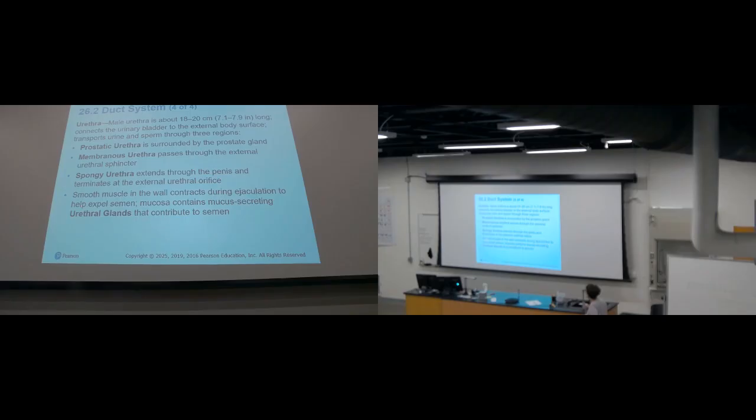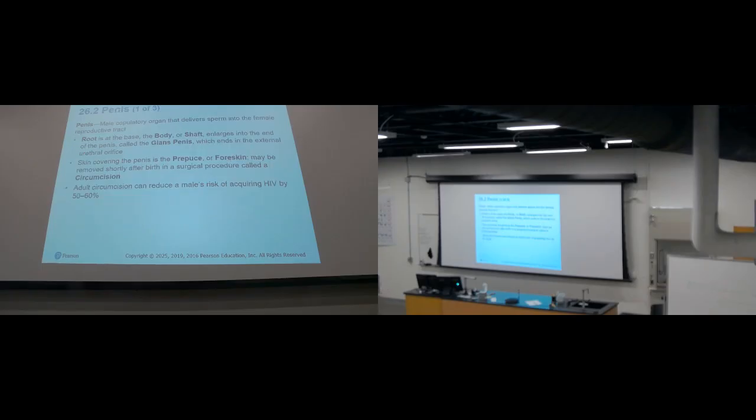Within this spongy urethra, you have several openings in the wall that allow the emptying of secretions coming from urethral glands that help with lubrication of the urethra so that sperm cells can travel fast. And the entire length varies between 18 to 20 centimeters, or 7.1 to 7.9 inches.